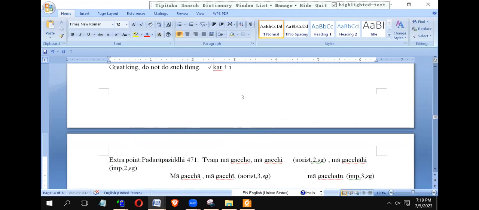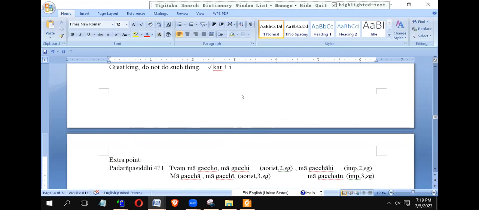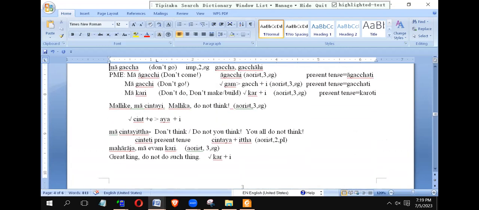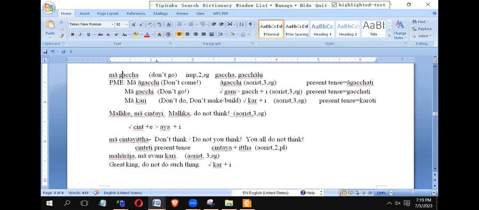It's only to show you that there are many possible things that can happen. But just follow this example, magaccha or magacchi. Also same meaning, don't go. But this magacchi is an aorist. Magaccha is an imperative.